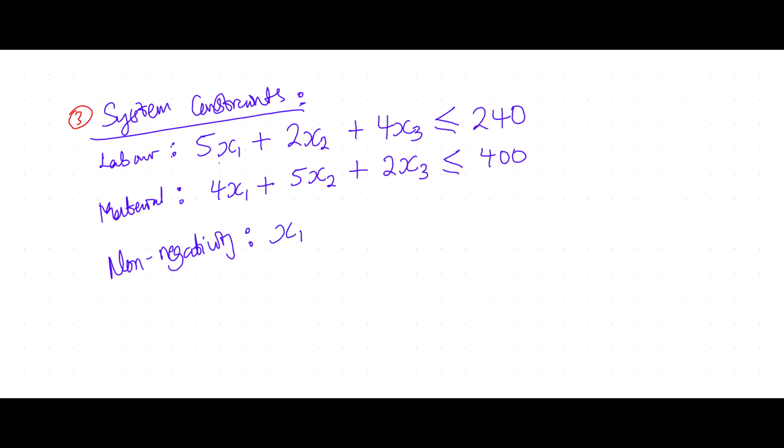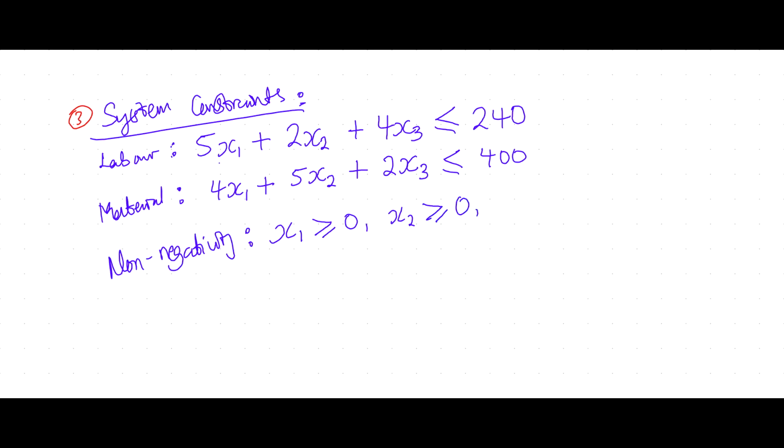So we'll say that x1 can be equal to 0, but should also be greater than 0. x2 can also be greater than 0 or equal to 0.